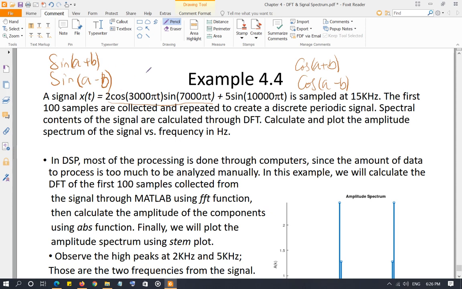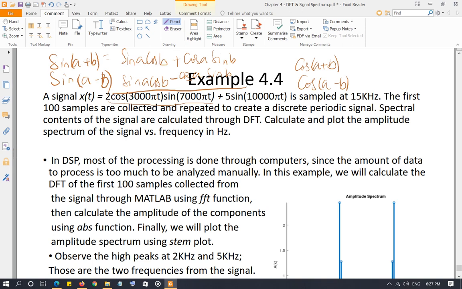Sine a plus b is sine a cosine b plus cosine a sine b, and sine a minus b is sine a cosine b minus cosine a sine b. If you add these two together, the second component is cancelled out, and you will have 2 sine a cosine b.